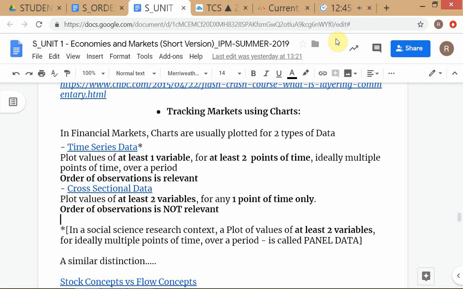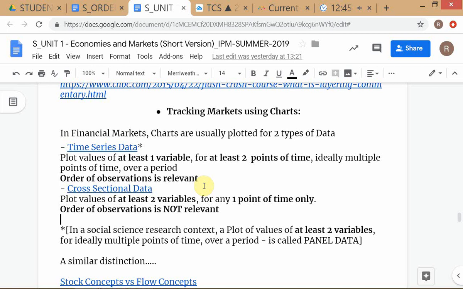Understand this definition first. To some extent you have to memorize it, but don't memorize it like an idiot. Memorize it while understanding it. Don't just switch off your brain and memorize it. Understand why it's given there.